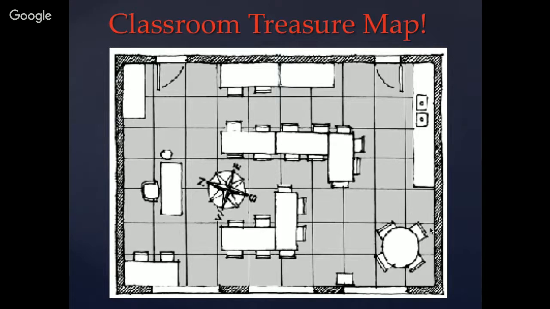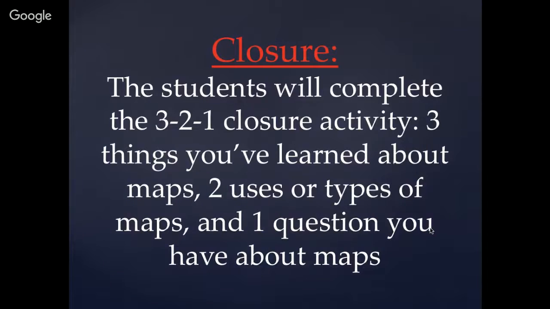At the end, for the closure activity, they're going to do a 3-2-1 activity, which is three things that you've learned about maps. And this is what they're going to write. They're going to have a column to write two uses or types of maps, which is a lot. The story talks a lot about different kinds of maps. It even talks about maps of the ocean. It talks about atlases and what all they have in them.